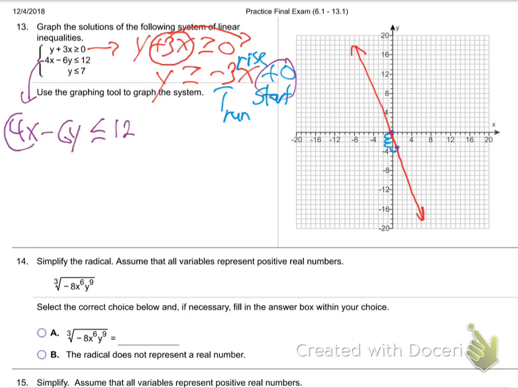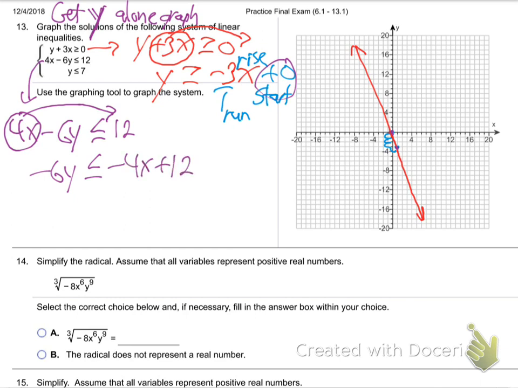Let's grab the 4x and jump it to the other side. Trying to get y alone, right? We always get y alone to graph these lines. So that'd be minus 6y less than or equal to minus 4x plus 12.